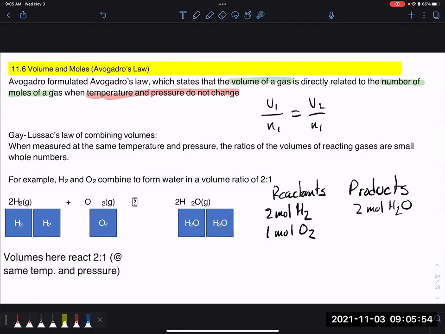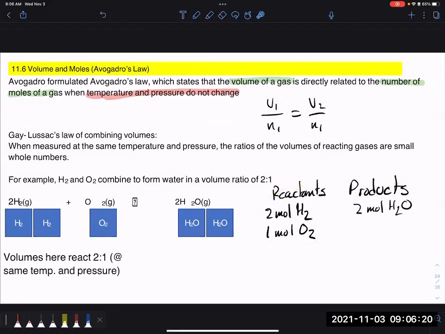So our number of moles on our left side is more than the number of moles on the right side. So what happens to our volume? Our number of moles goes down, so volume does the same. Yeah, they're directly proportional. So if we react these two things, then our volume is going to decrease.